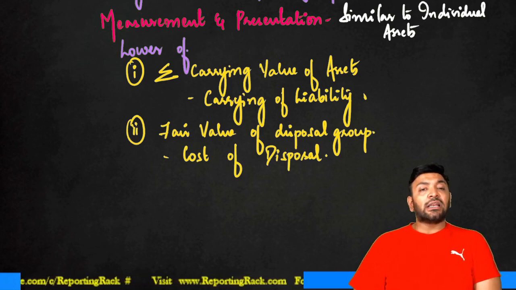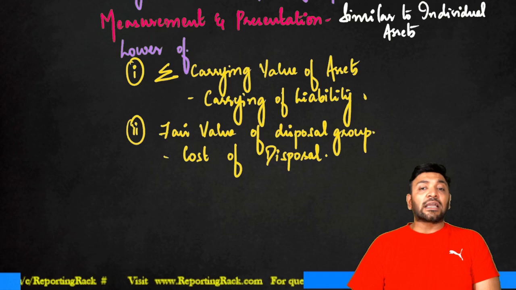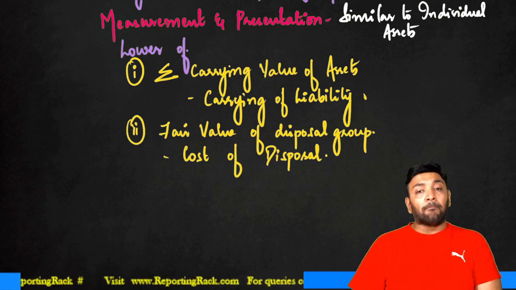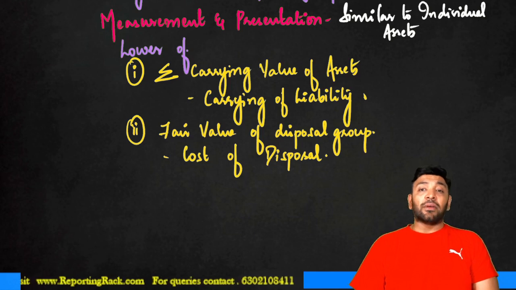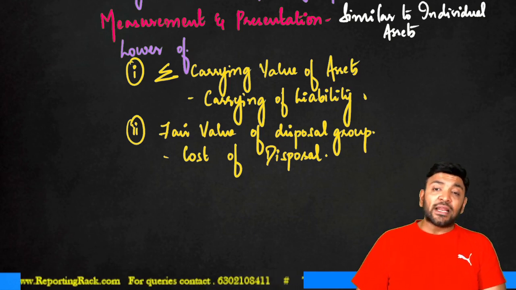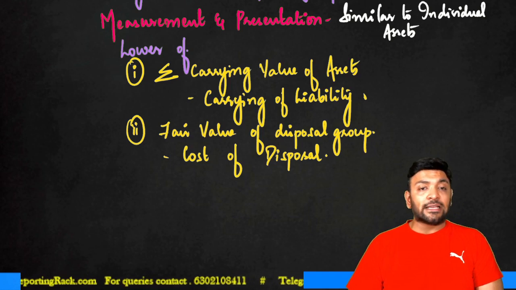Measurement and presentation should be the lower of all the carrying values of the assets put together minus the carrying value of a liability, or the fair value of the disposal group reduced by its cost of disposal. So this is my measurement and presentation, which is very similar to the individual assets that we have seen.